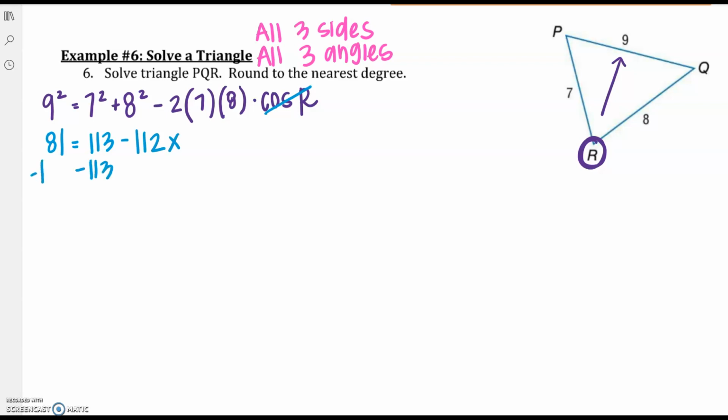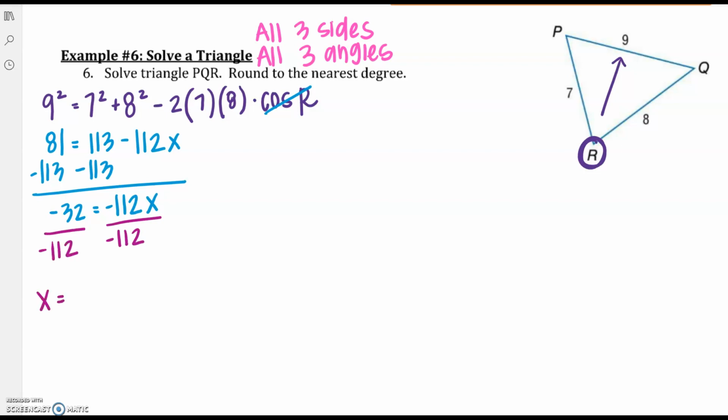Subtract that from both sides. Negative 32 equals negative 112 cosine of R. Divide by 112. So x equals the inverse cosine of 32 divided by 112.